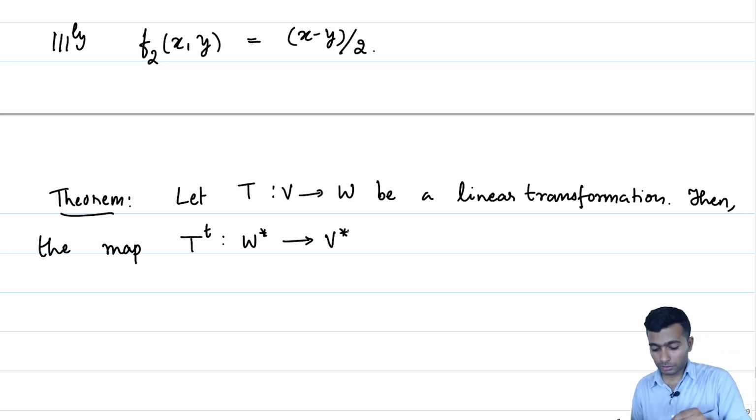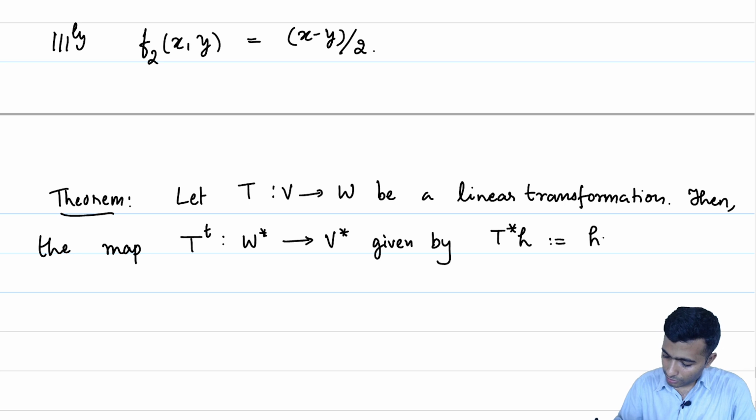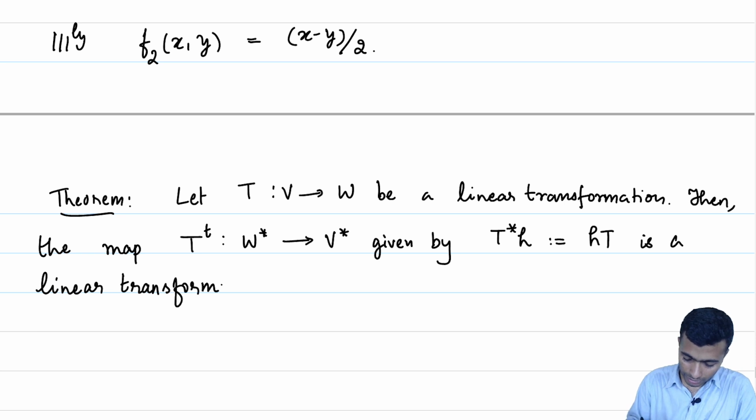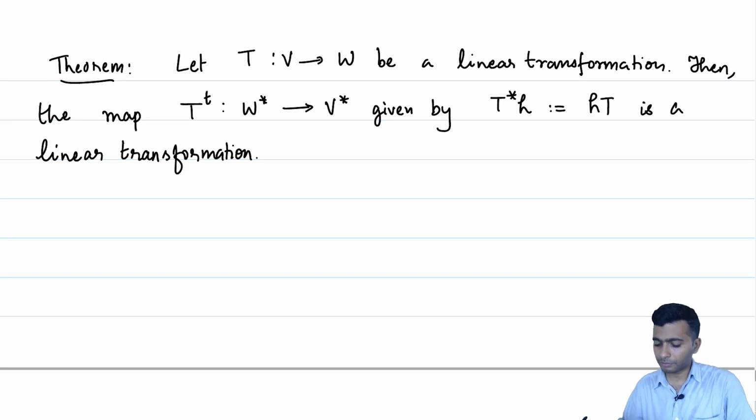Observe that T transpose is a map from W star to V star, not from V star to W star. And what is this map? The map given by T transpose of, let us say, H, defined to be H composed with T, is a linear transformation. Note that we have not assumed any finite dimensionality of V or W.